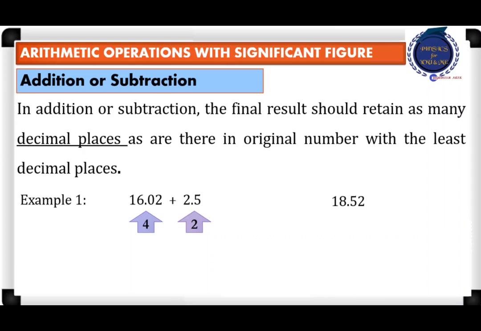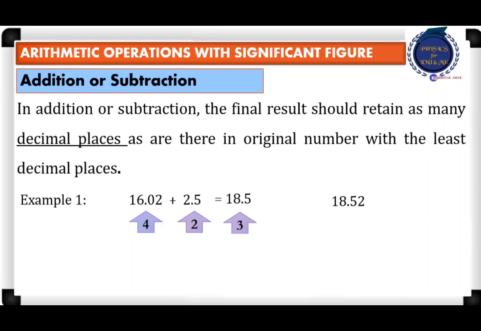Hence, the least number of decimal places is 1. Therefore, the answer should contain only one decimal place. Therefore, the correct answer with the correct number of significant figures will be 18.5. The number of significant figures in the answer is 3.